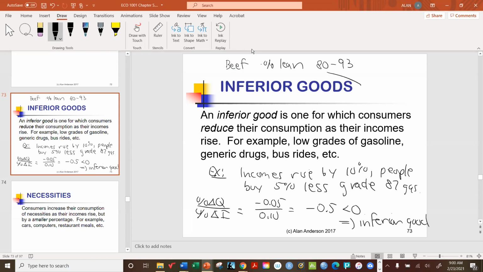The 80 grade is cheap, and the 93 is expensive. So why do people buy the 80 when it's full of fat? Because it's cheap. So imagine that you get a big fat raise at work and you've been buying 80 lean hamburger. You might switch up to the better grades. And so this could be considered an inferior good.